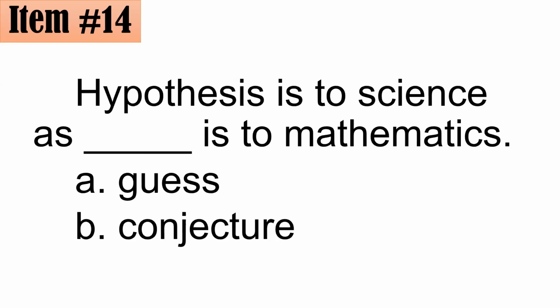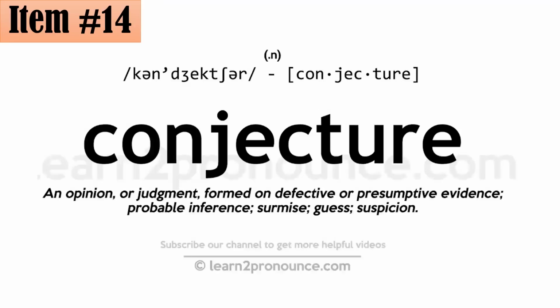Good job. 14. Hypothesis is to science as blank is to mathematics. Is it A, guess, or B, conjecture? Okay, sabi ni Sir Lloyd, letter B. And karamihan po sa inyo sumagot ng B, konti po yung sumagot ng A. And take note po, the correct answer here is conjecture.